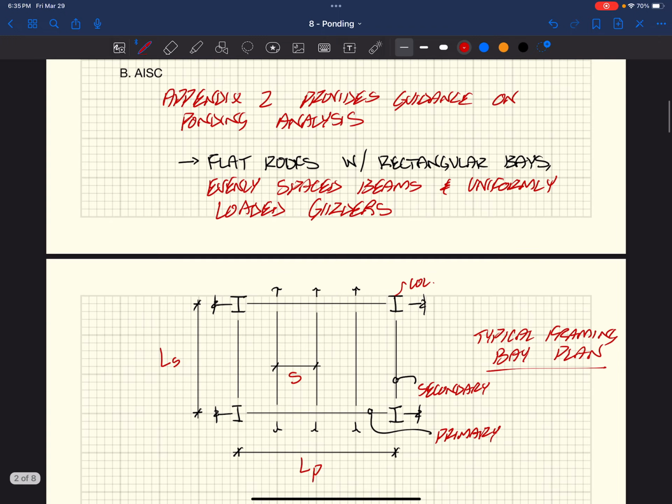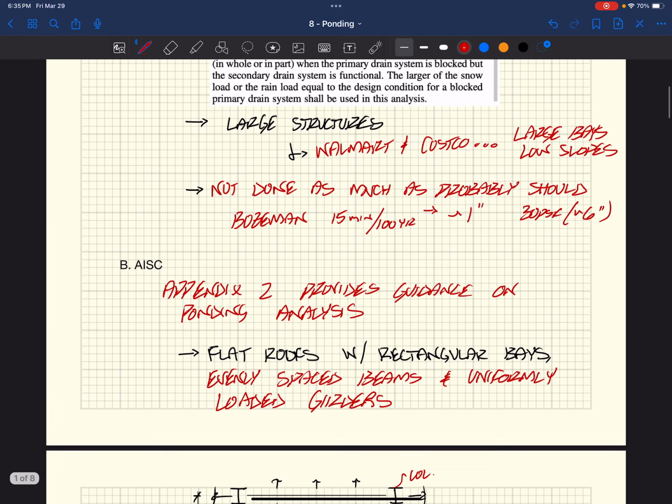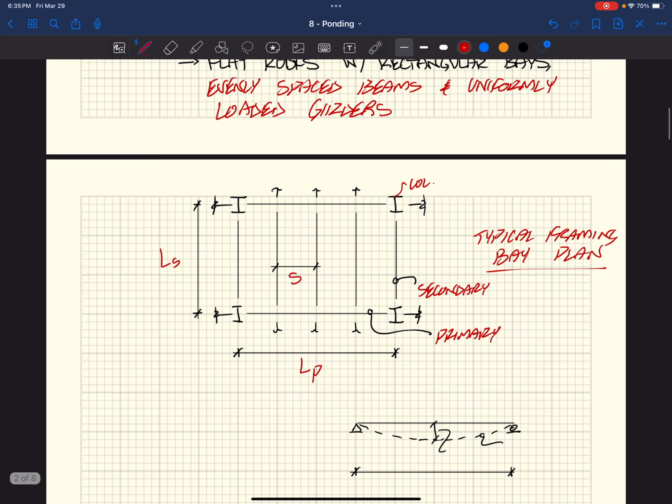And as the code reads up here, right, we need to look at each bay, right? So we might have 12, 16 of these bays that make up our building. And depending on the roof configuration within this bay, you may or may not have to worry about looking at this bay, right? So it's essentially we're looking at each one of these blocks, right? And we'll find that the analysis is going to be a little bit different if we're looking at an edge bay, where it doesn't have those joist framing or beams framing on the other side of girders.